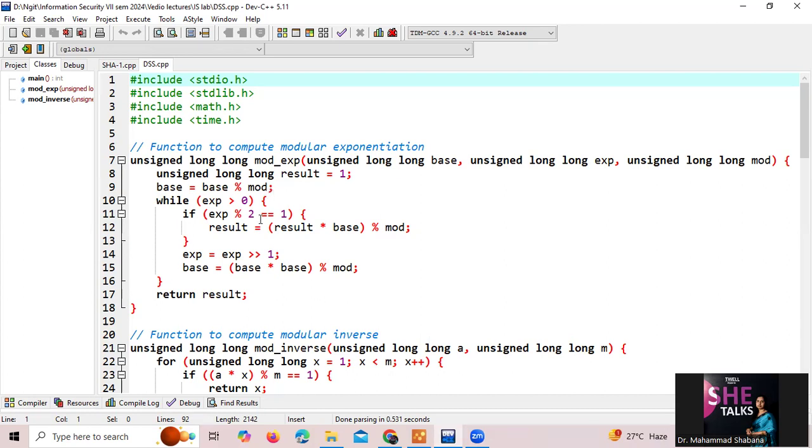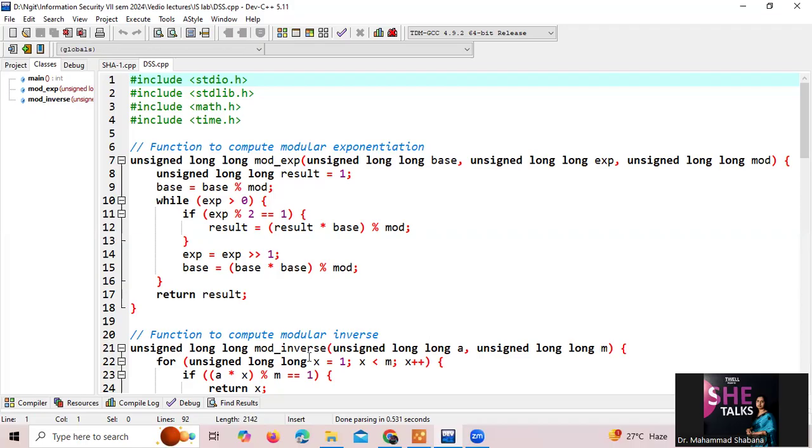Initially, it checks if exponent % 2 == 1, that is, if the exponent is odd, then it has to be multiplied with the result. Then exponent = exponent >> 1, a right shift, which divides the exponent by 2. It returns the final modular exponentiation value.